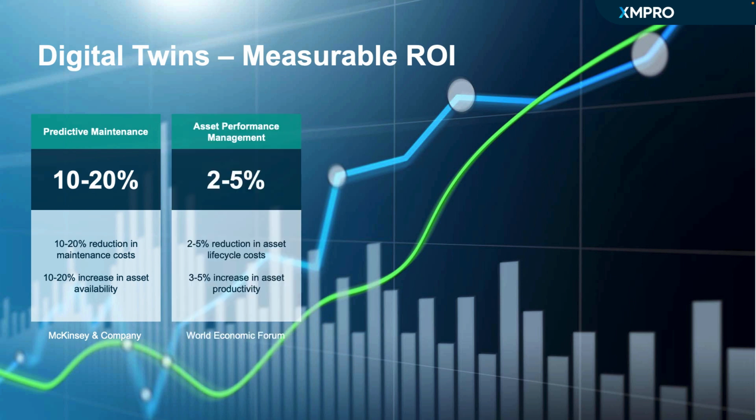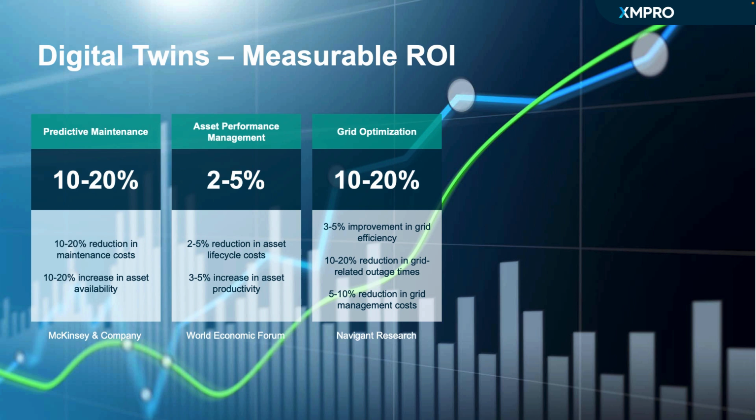Likewise with asset performance management, how do we improve the utilization and the asset productivity? Again, you can see anywhere from 2 to 5%. Now, if we move that into the grid operation side of things, on the transmission side, again, anywhere from 10 to 20% reduction in grid-related outage times.